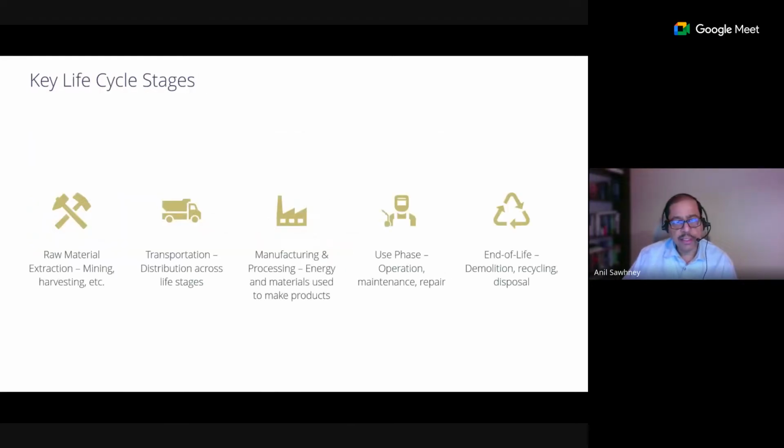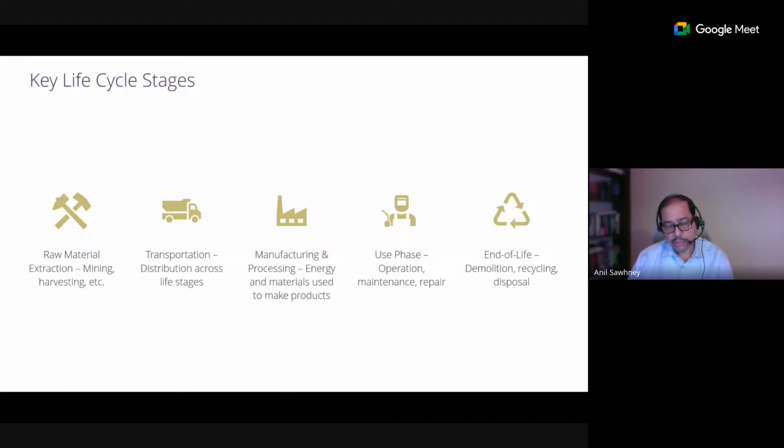The key life cycle stages in a study that we will undertake will basically be raw material extraction. So maybe from a mine, maybe from any other source, including harvesting, and then the transportation of that raw material to a manufacturing facility. Any emission that takes place, so let's say you have a huge stone aggregate quarry where you have heavy machinery, heavy transportation equipment, all the emissions coming from those equipment will be calculated.